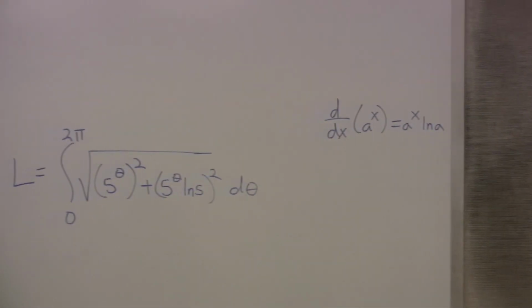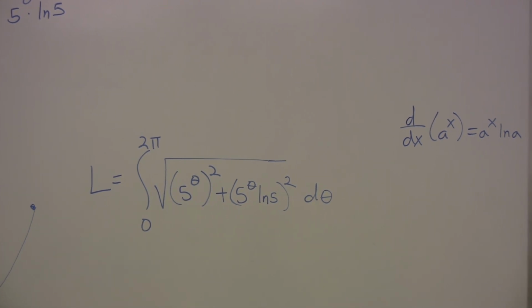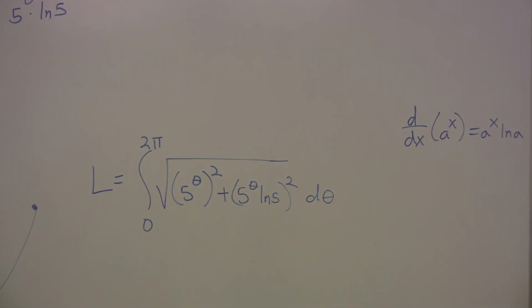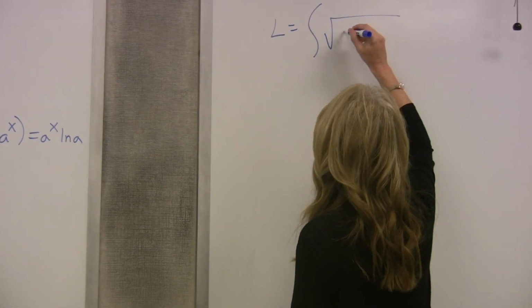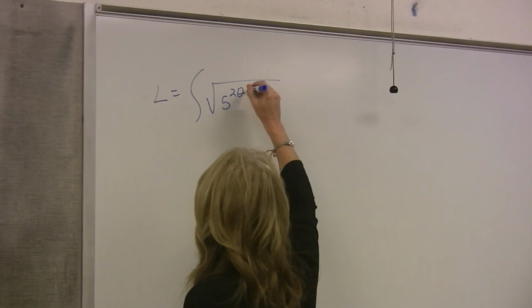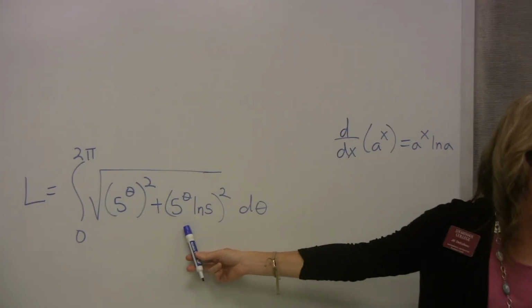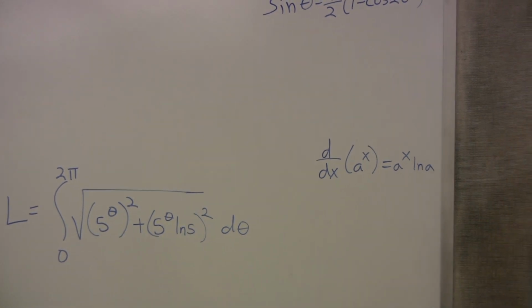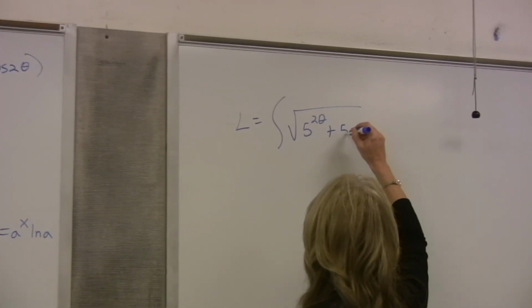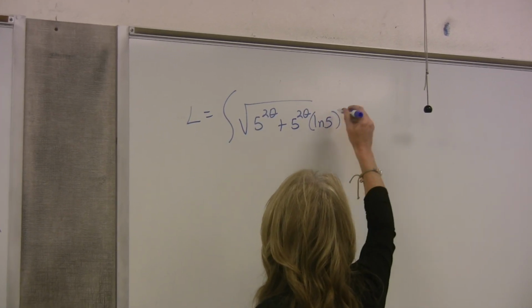So if I multiply those exponents, I can write that first term as what? 5 to the 2 theta. Much nicer. So I have the square root of 5 to the 2 theta, plus, the same thing happens here, but the natural log of 5 also gets squared: 5 to the 2 theta, natural log of 5 squared.